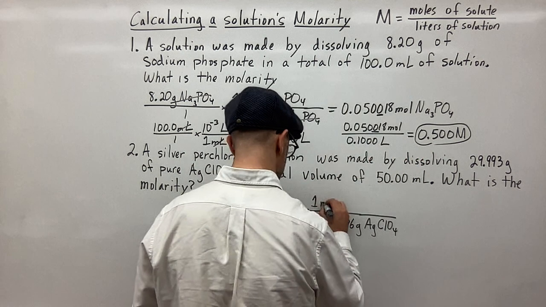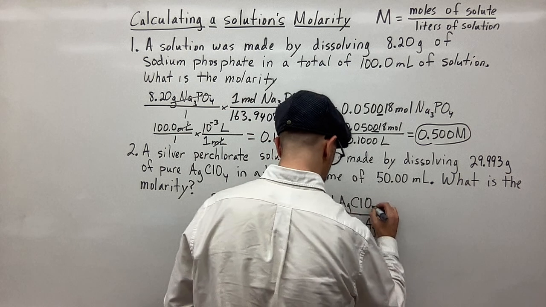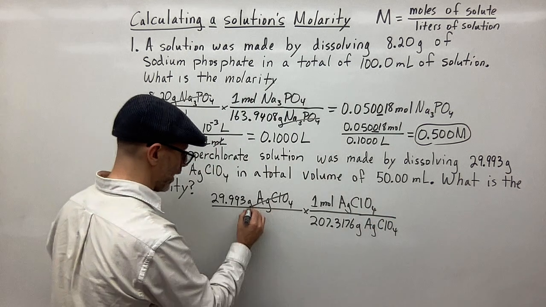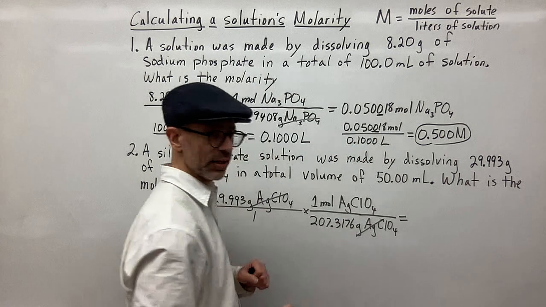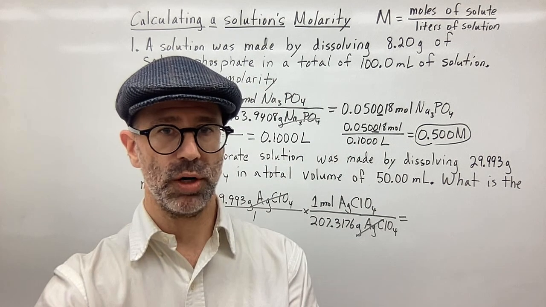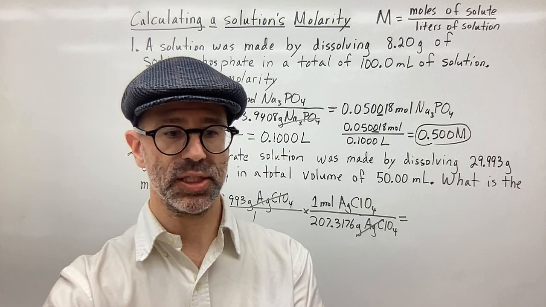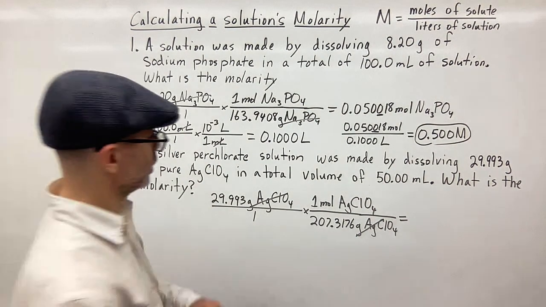That's equal to 1 mole of the AgClO4. So grams cancels out, and when we calculate that, we get 0.14461.